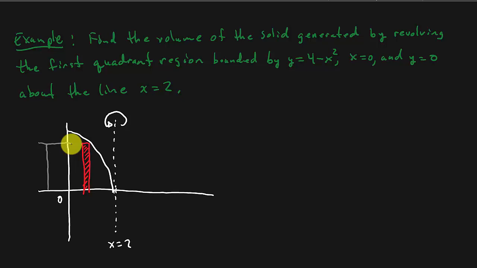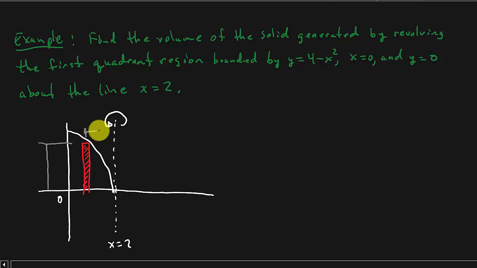Now remember what I said towards the beginning of the video. If you're still watching, then this is important here. Remember, your radius is from the rectangle to the line you're revolving it about.